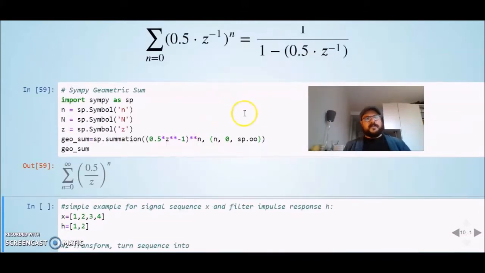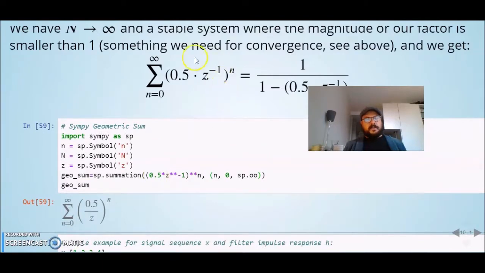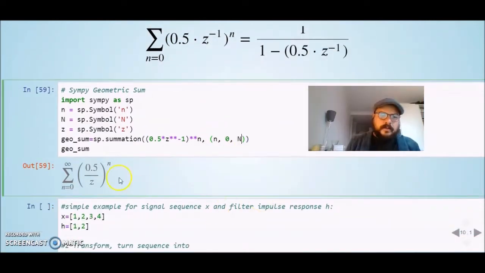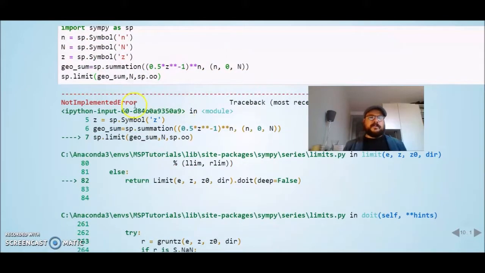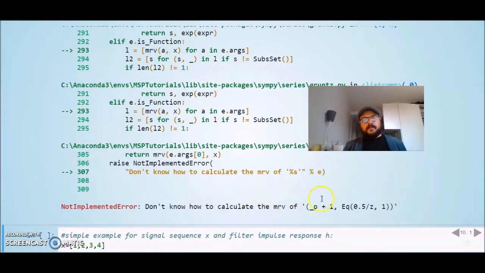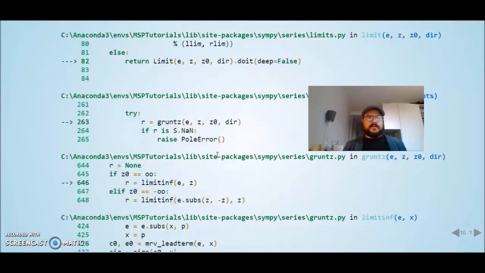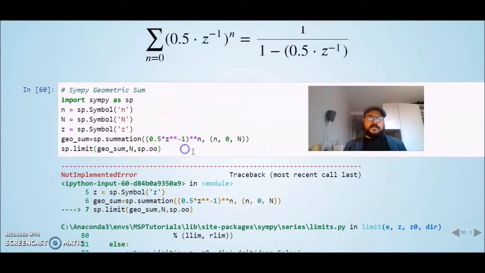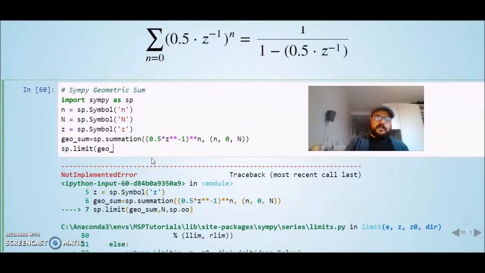So it just gives me exactly this here. So it cannot calculate, or if we try to take the limit of this result here when n goes to infinity, we have this result. It doesn't know how to calculate. So there is this limitation, but we can still use it up to a certain level.